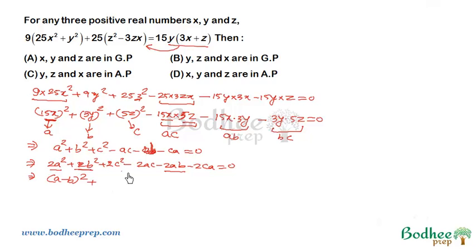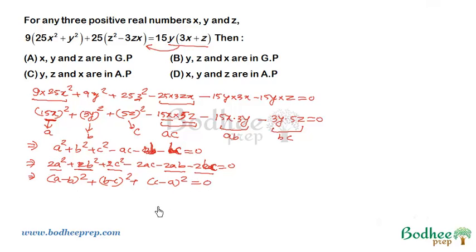Similarly, 1 B square from here, 1 C square from here, and 2BC, so it will be B minus C whole square, plus the last term will be C minus A whole square, and that is equal to 0.